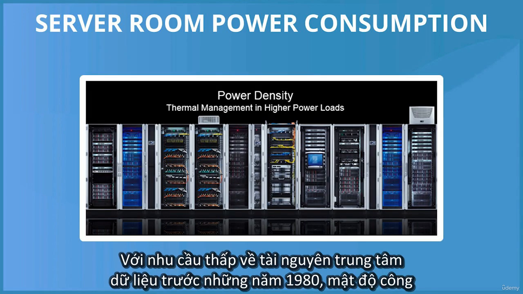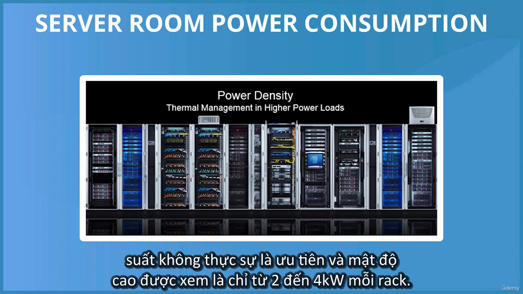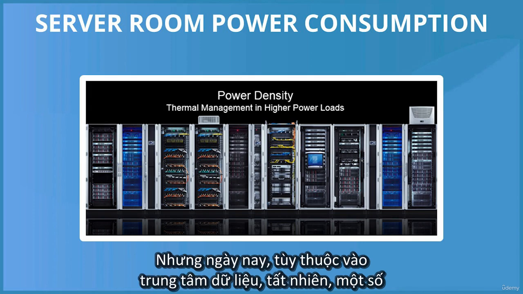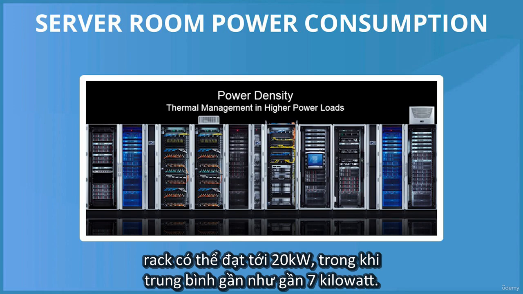So with low demand for data center resources before the, I'd say, 1980s, power density wasn't really a priority, and high density was considered as little as 2 to 4 kilowatts per rack. But today, depending on the data center, of course, some racks can hit as much as 20 kilowatts, while the average is pretty much closer to 7 kilowatts.